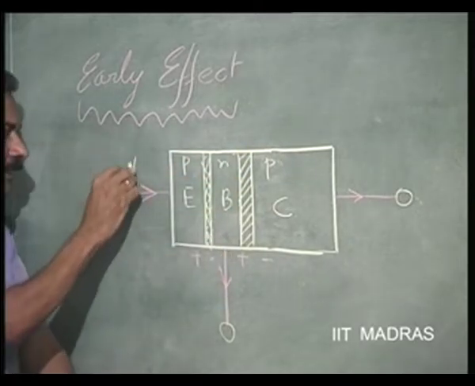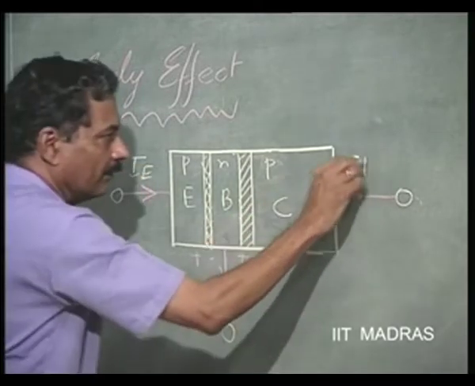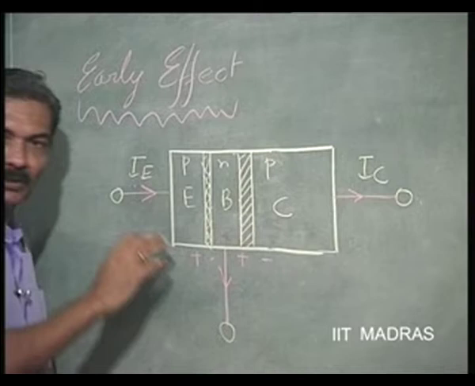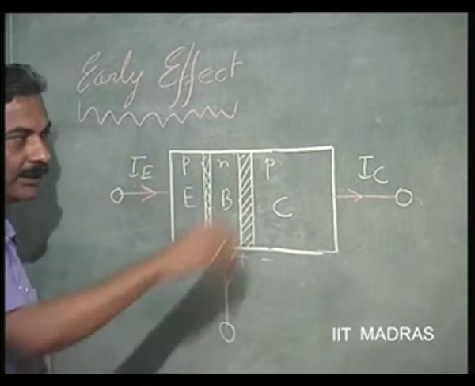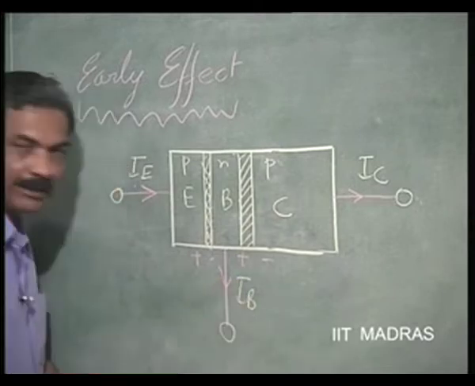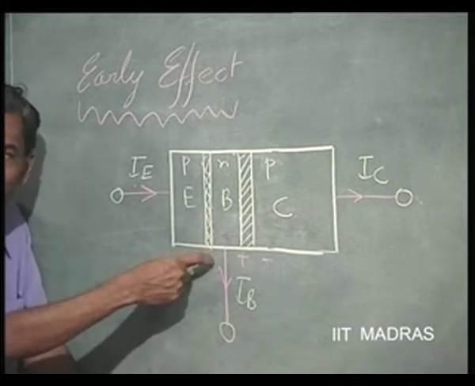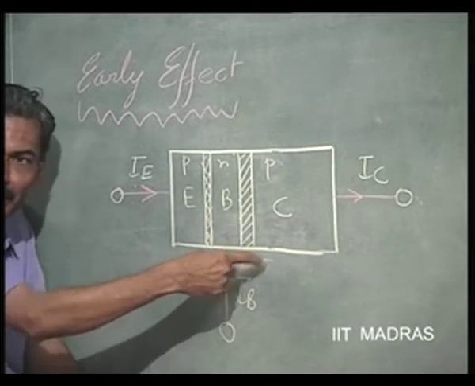This is the emitter current. We have the collector receiving most of the emitted carriers, and very little of it is left as base current. Alpha typically is made very close to 1 when it is forward biased at the emitter base junction and reverse biased at the collector base junction.